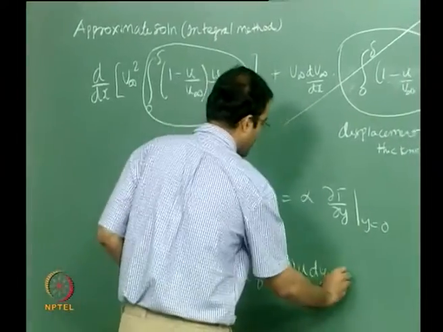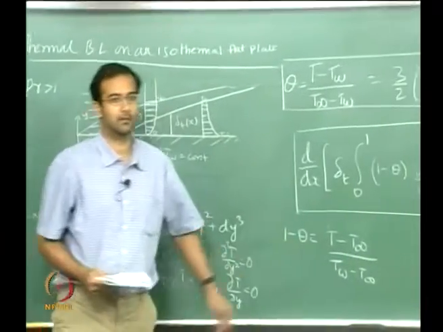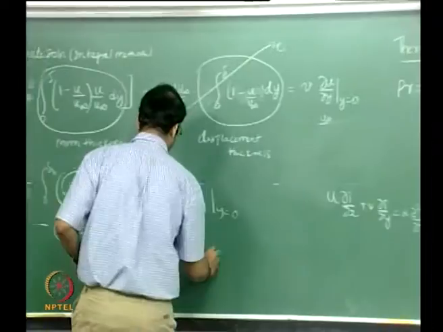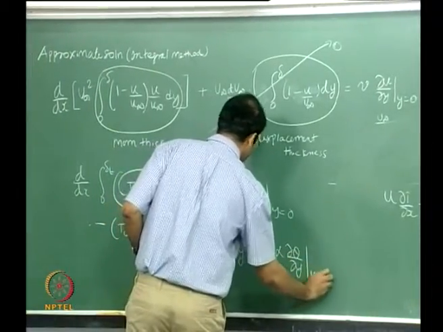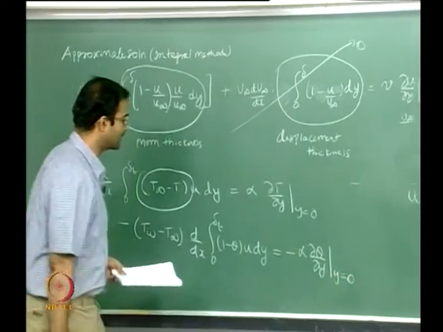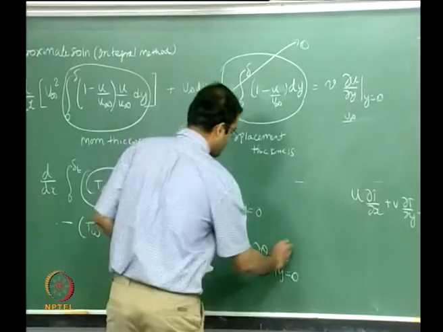On this side I have dT by dy, which is nothing but minus d theta by dy. So this is minus alpha d theta by dy at y equal to 0 into T wall minus T infinity.